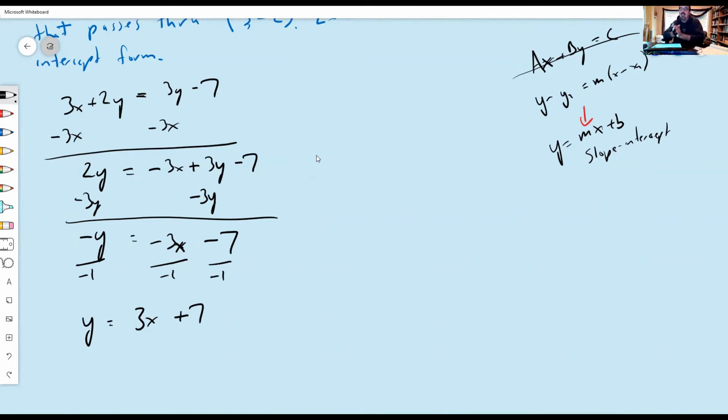This is the line we're given. This is the line that tells me what the slope is going to be. So my slope here, we'll call it slope 1 if you like, is going to be 3. If we're parallel to it, then m2 should also be 3.